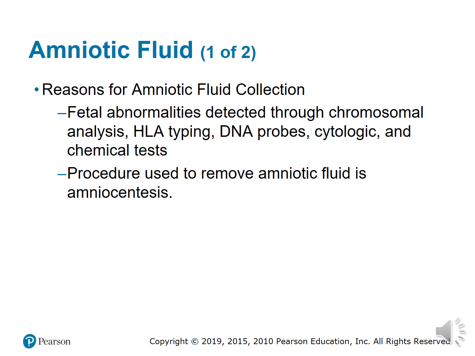It's used for DNA studies. You can do a chemistry makeup on it. You can do DNA testing, HLA typing, and chromosomal analysis to make sure the baby has all his chromosomes and isn't missing any. There are a lot of tests that can be run off of amniotic fluid.